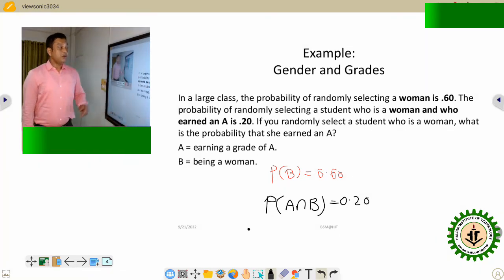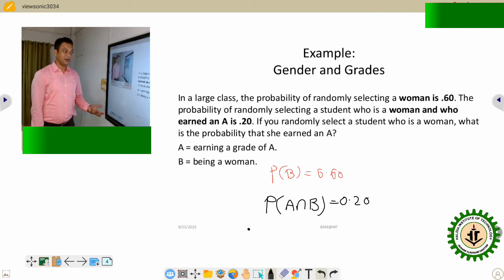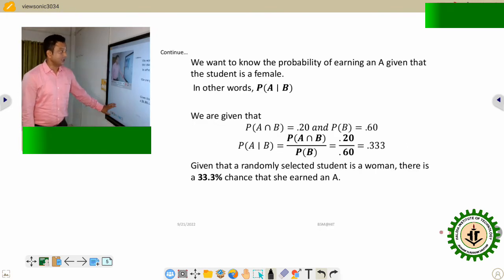Now, if you randomly select a student, it may be a woman or a man. What is the probability that she earned an A grade? Here you are finding the probability of A given B, the probability of earning an A grade when you know the student is a woman.